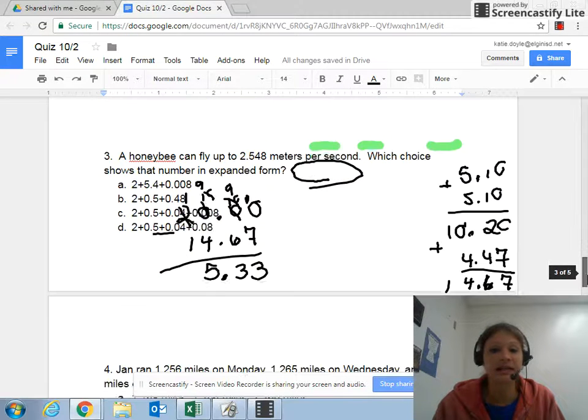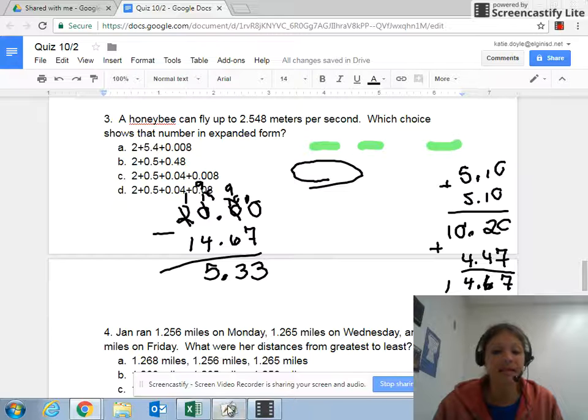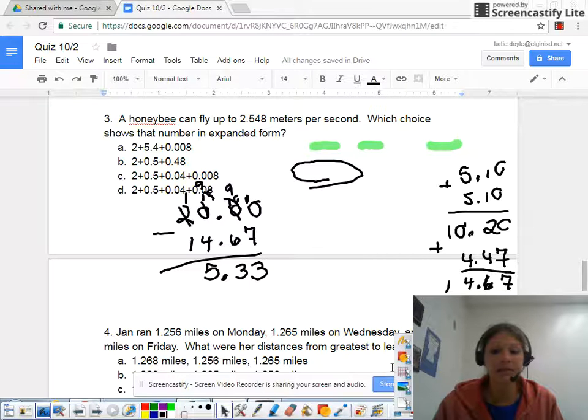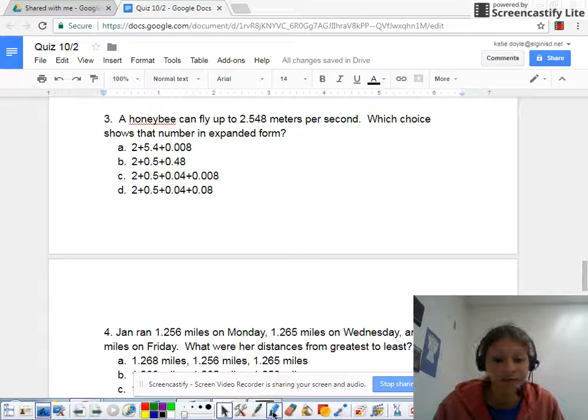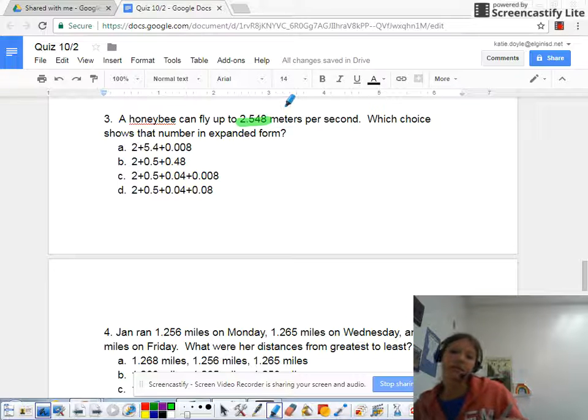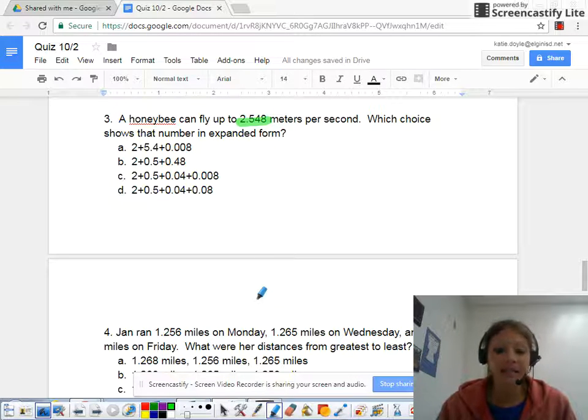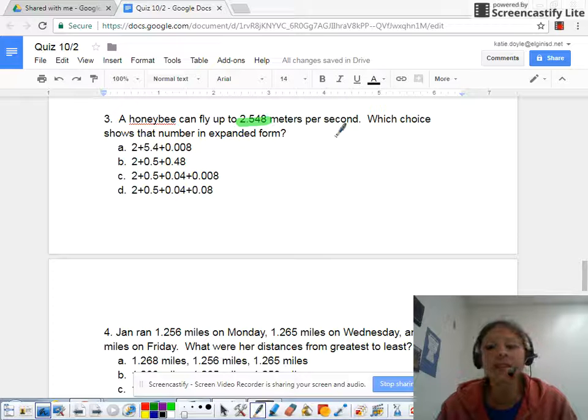Now we're going to go on to our next one. A honeybee can fly up to 2 and 548 thousandths per second. What choice shows us an expanded form? There's a couple of different ways you could do it.